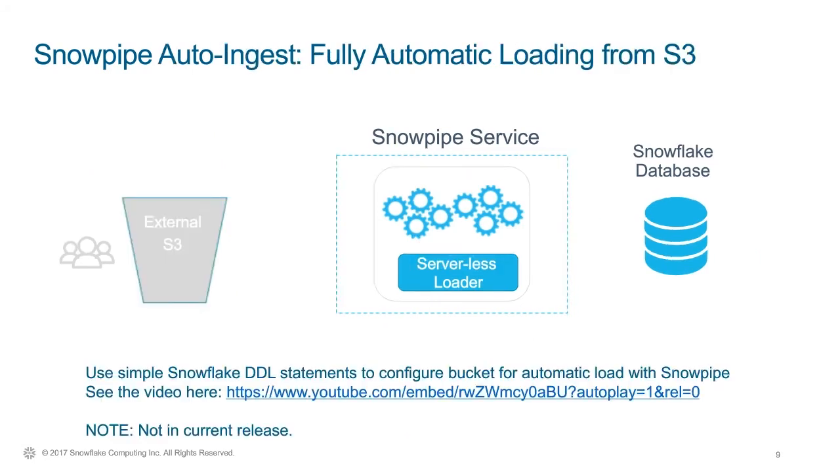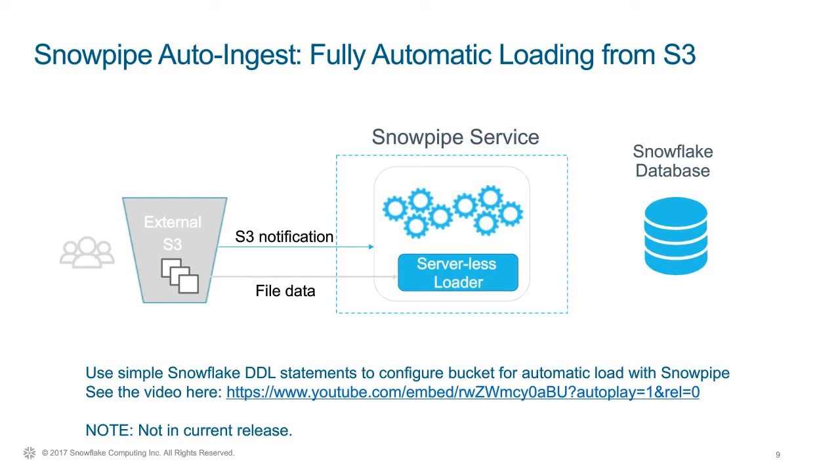And here's option 1. Essentially, you place a file in your S3 bucket. As soon as that happens with S3 notifications being set up, that notification would go into an SQS queue that Snowpipe provides. And as soon as we receive that notification, we would then start loading the file into your target table.